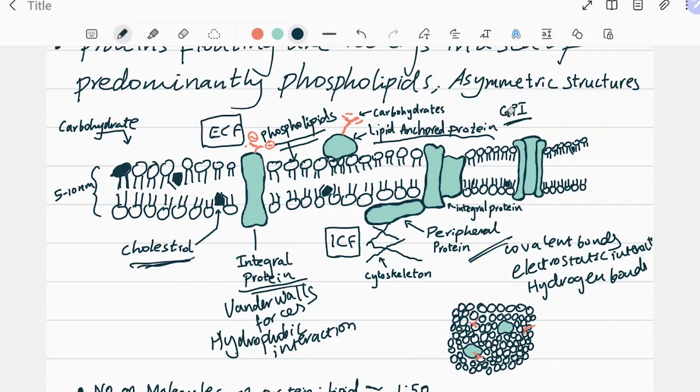Lipid anchored proteins are bound to the cell membrane via glycosyl phosphatidyl inositol. Very important to remember. Okay, so these are the proteins, and you have lipids and some carbohydrates and sugars which are located also. We'll talk about that in some time.